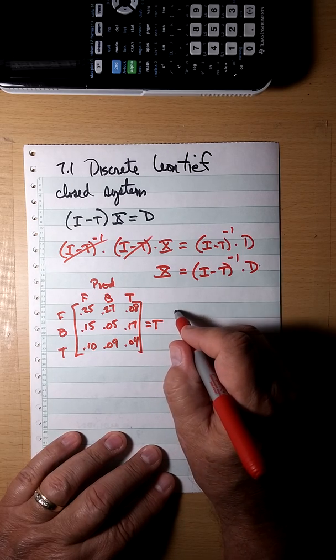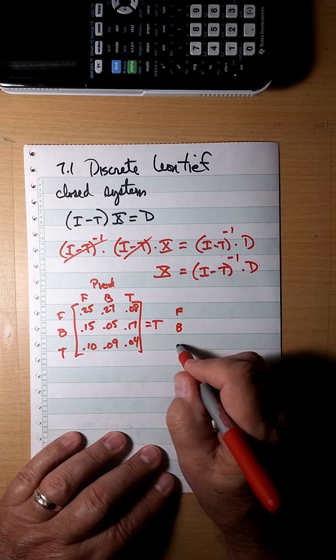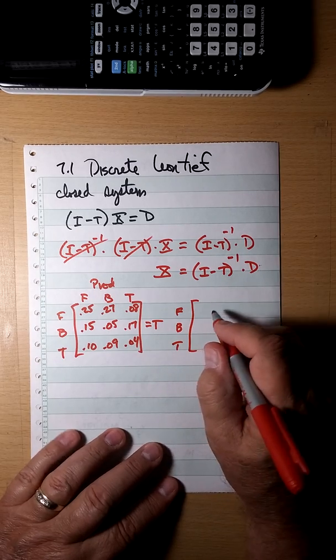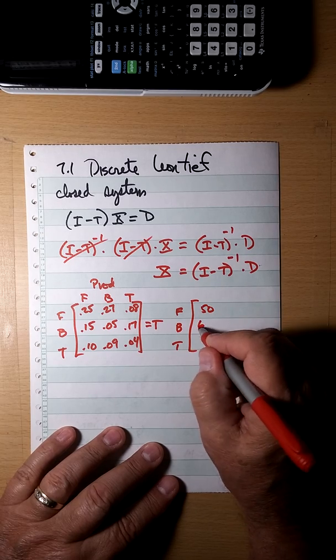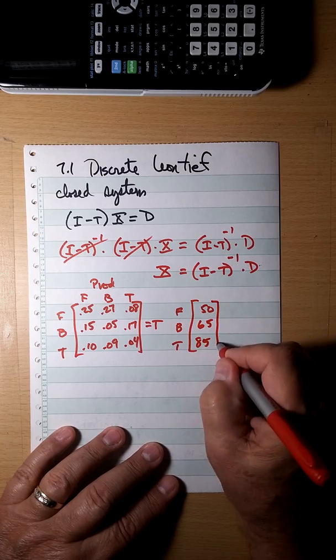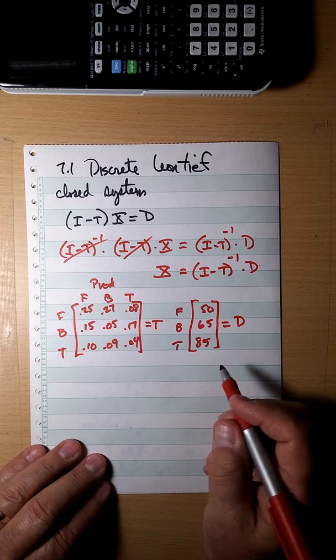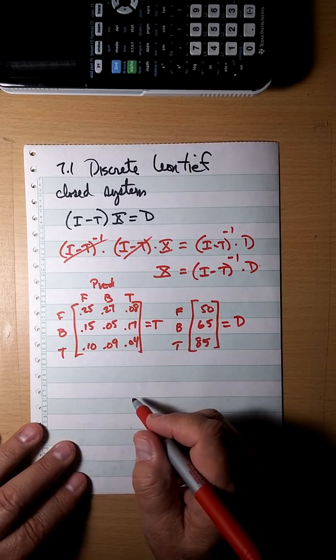We're also going to, for our farmer, builder, and tailor, have the D matrix. This is the demand. We'll say this needs 50, and this 65, and this 85. That's the demand outside of the system. And of course, X is the X1, X2, X3.